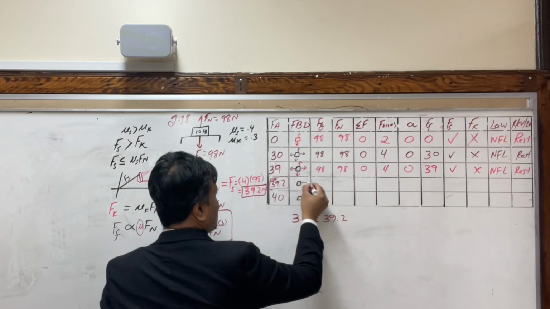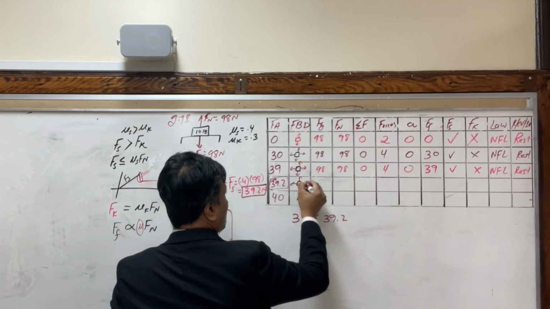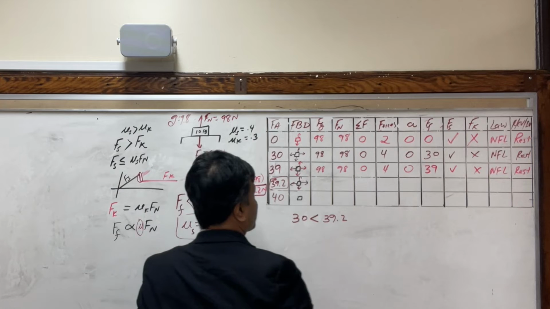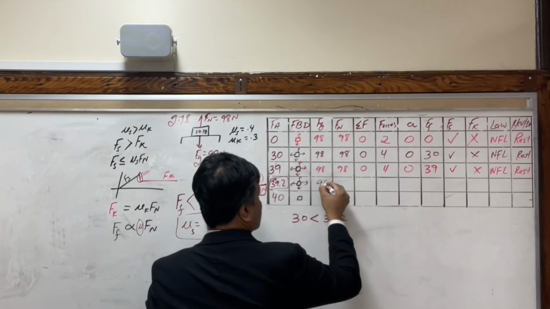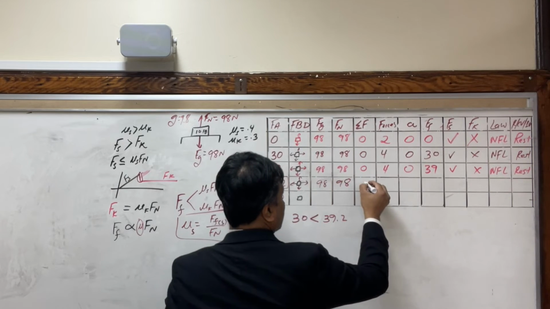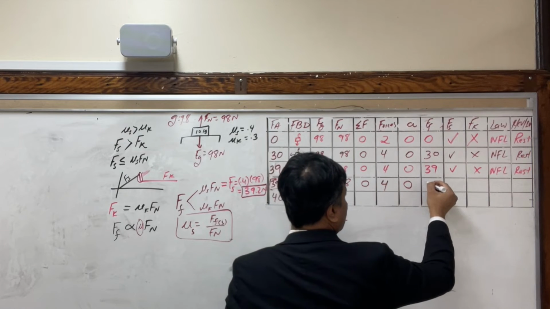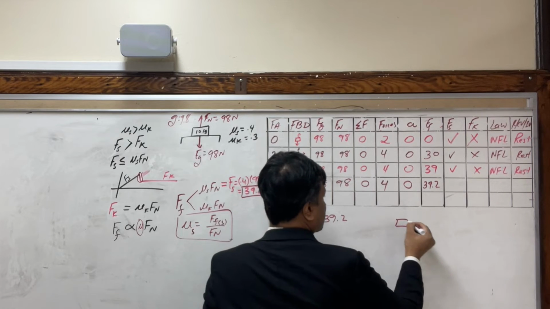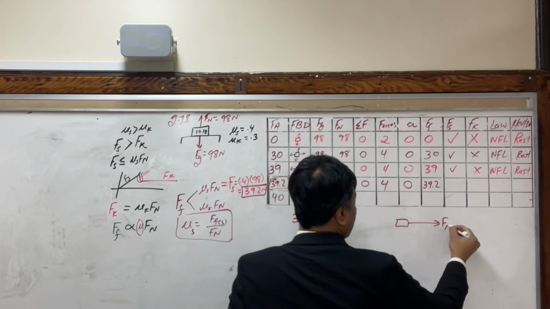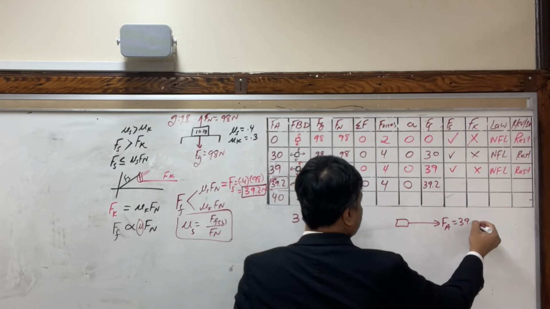Okay, finally you have 39.2 and you see the object limit is 39.2. So the object will move with no acceleration, meaning constant velocity. Why is that? Because this is the applied force, 39.2.